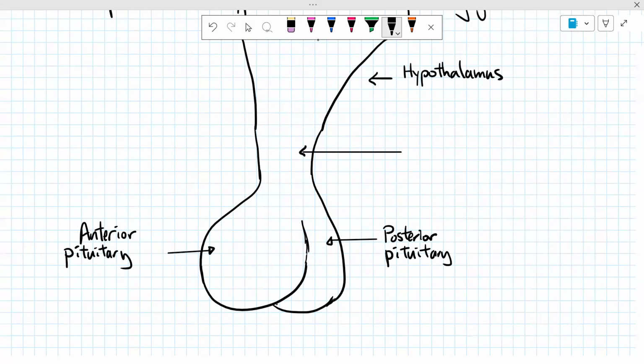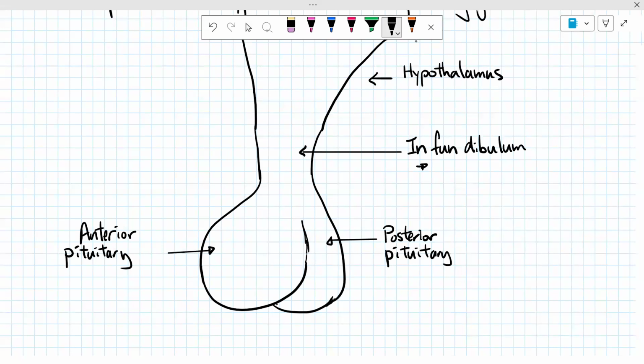This here, the little stalk that connects the hypothalamus and the pituitary gland, that's called the infundibulum. In, and then fun, dibulum.